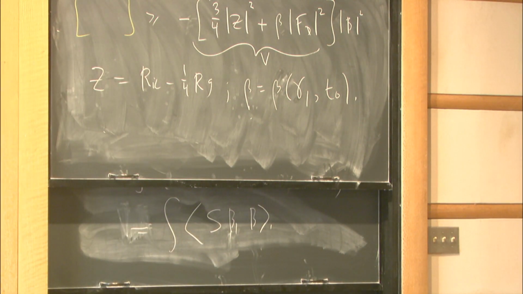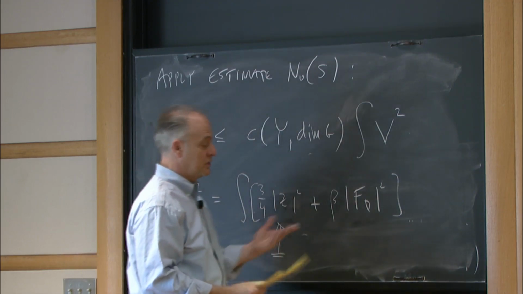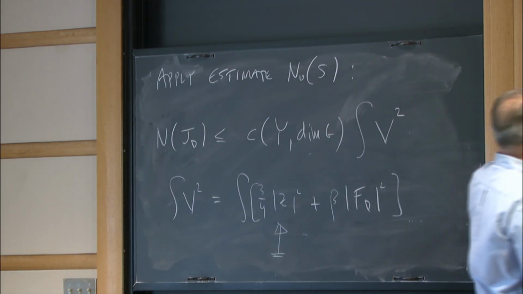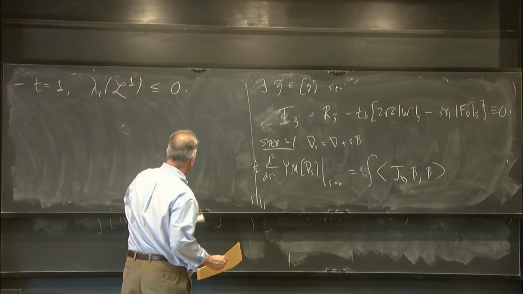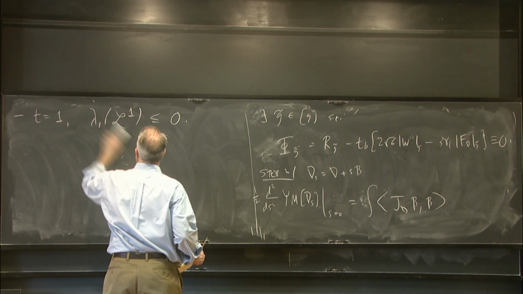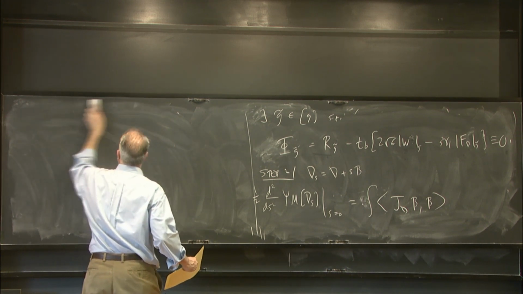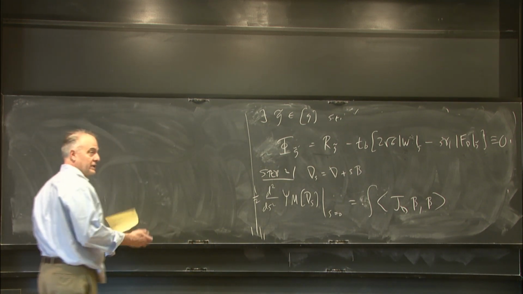Okay, so this is the problematic term. And this is where the choice of conformal metric saves you. Right? So this is the last step. So you'll remember that the Euler characteristic shows up in the estimate. So what you do is you use the Chern-Gauss-Bonnet formula.